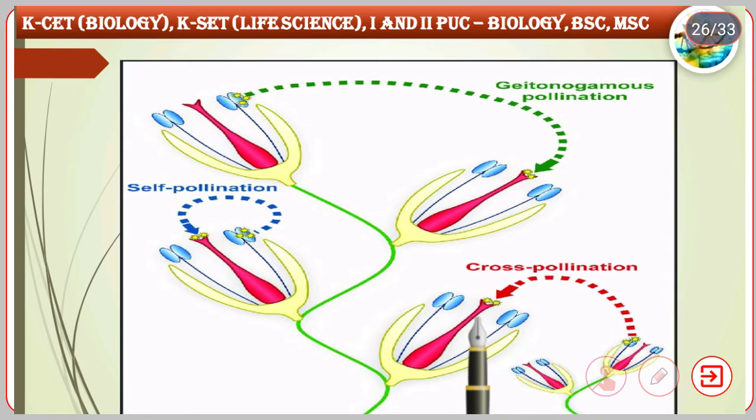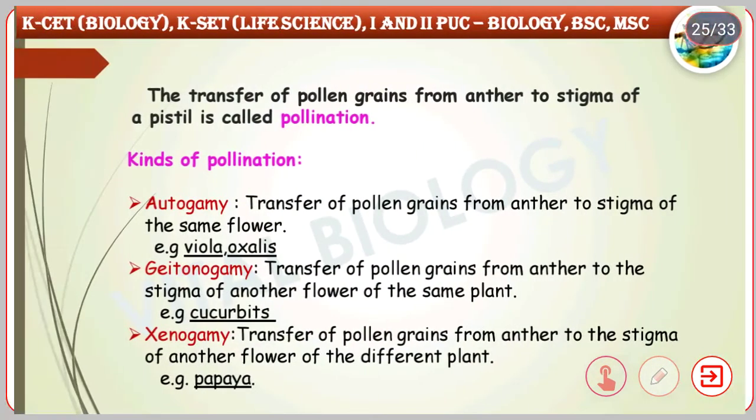So here the plant is not the same and the flower is also not the same. This type of pollination is called cross pollination, or xenogamy. I'll just explain it once again: the transfer of the pollen grains from the anther to the stigma of another flower of a different plant.